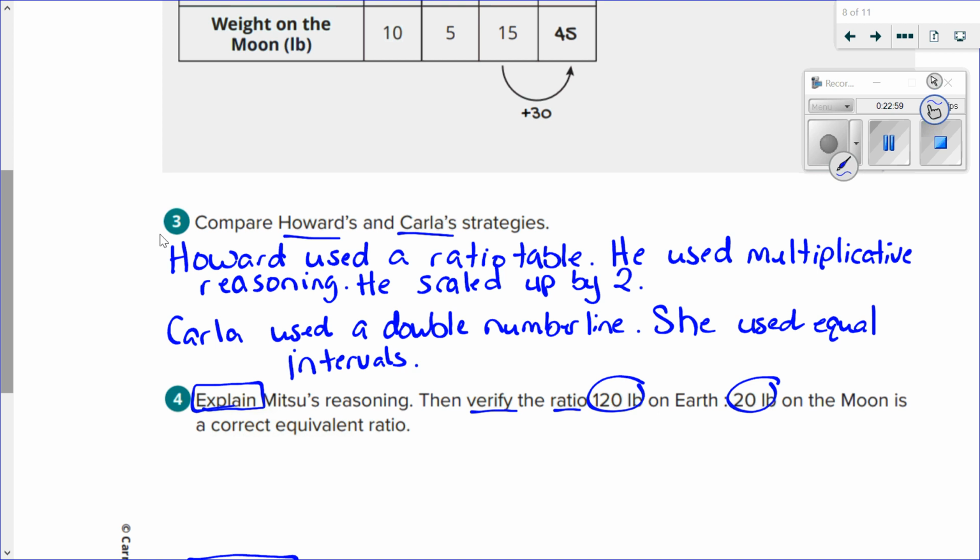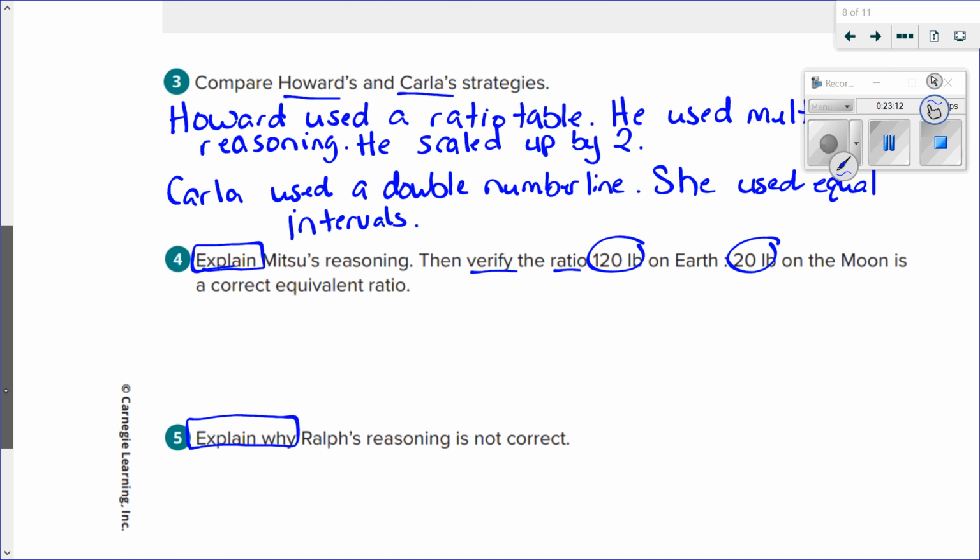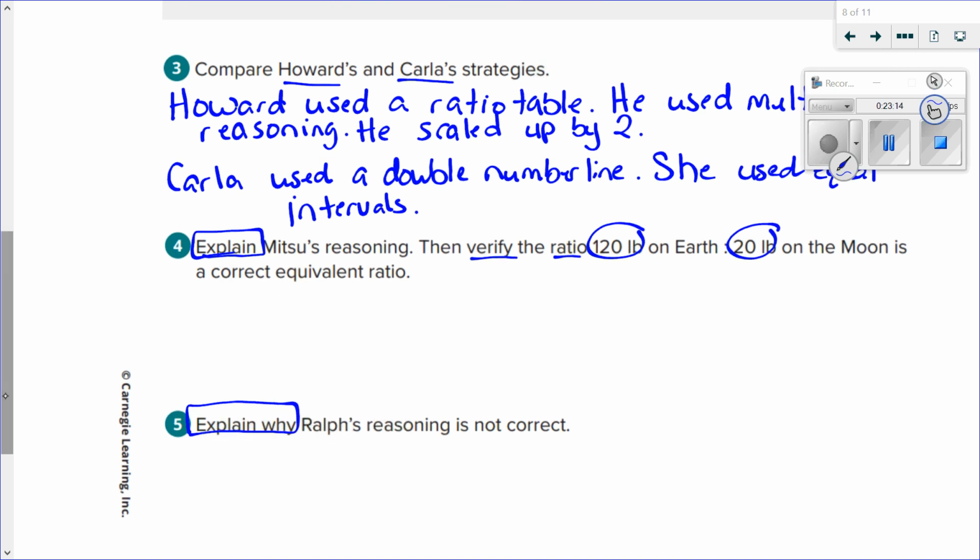All right, explain Mitsu's reasoning. What is Mitsu's reasoning? What did she do? Kind of showed how 30 and 90 equal 120 and then 5 and 15 equal. Kind of. Ashton, can you say it a different way? She didn't use additive reasoning. What did she do?